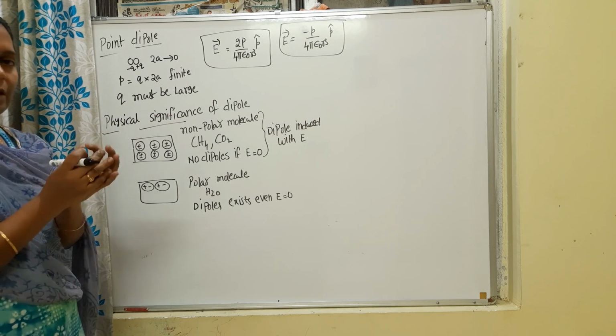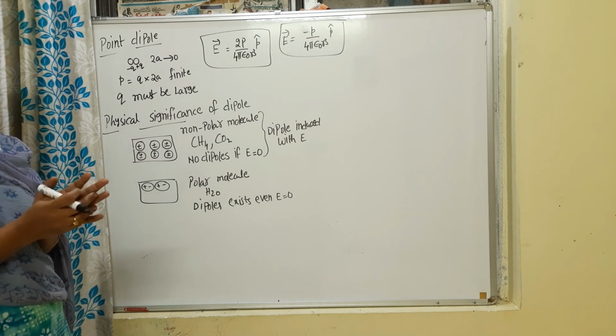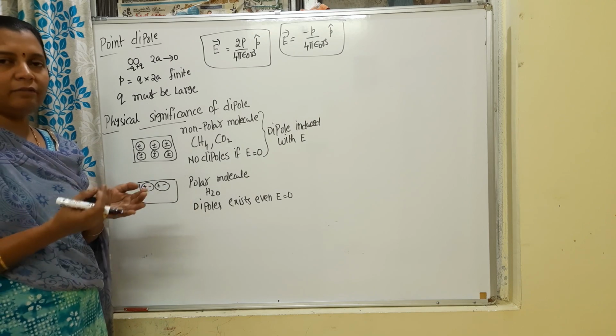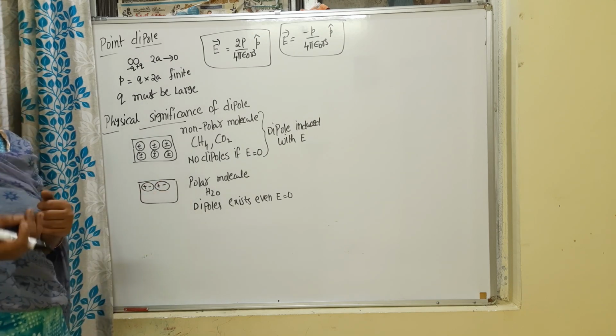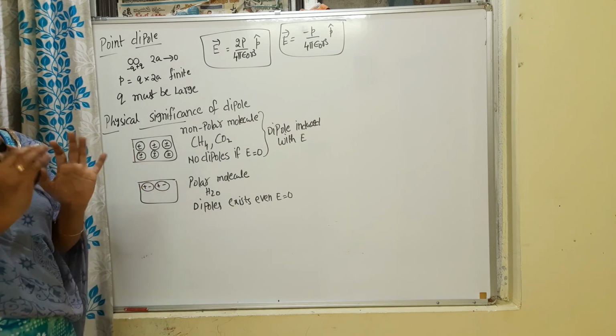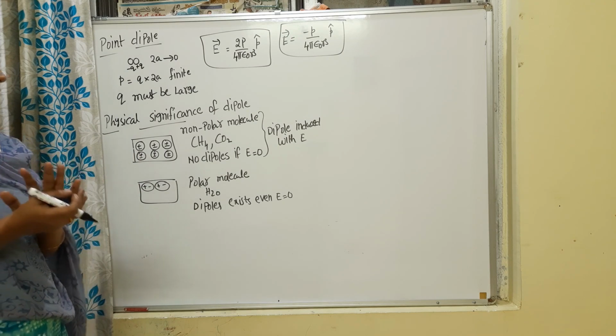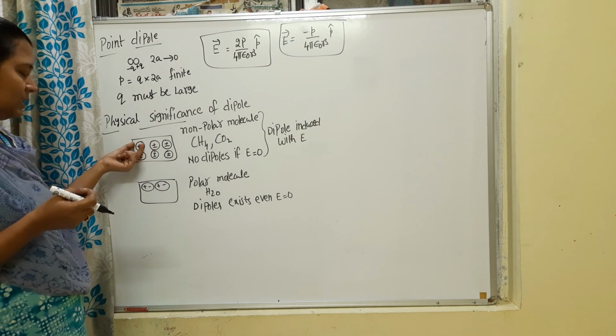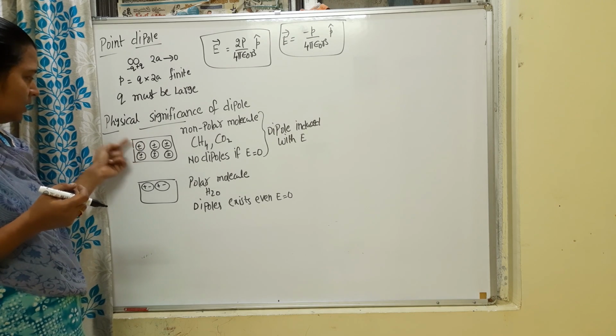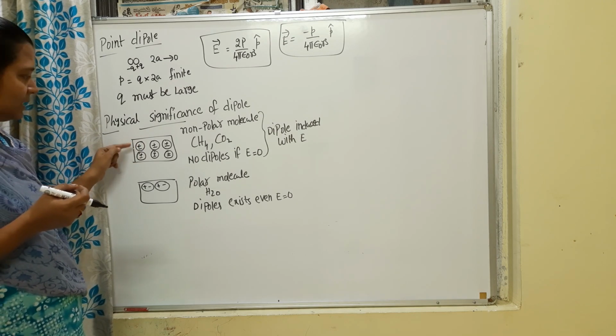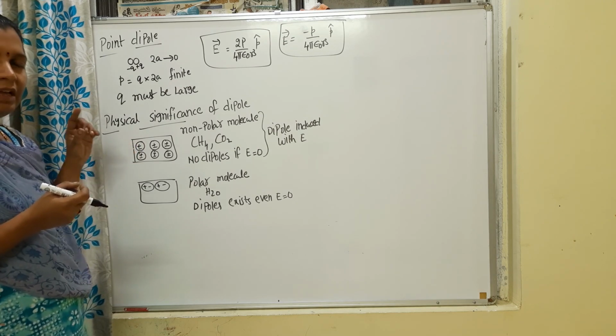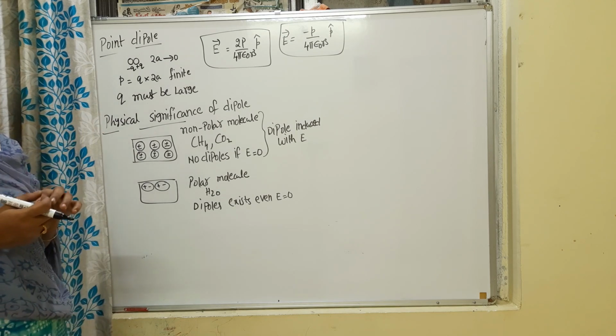A molecule is a combination of atoms, and inside an atom you have positive charge as well as negative charge, so the atom should be neutral. So here, for a molecule, let us say this is a molecule in which the center of gravity of positive and the center of gravity of negative charge are coinciding.